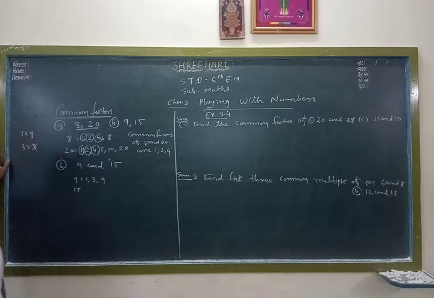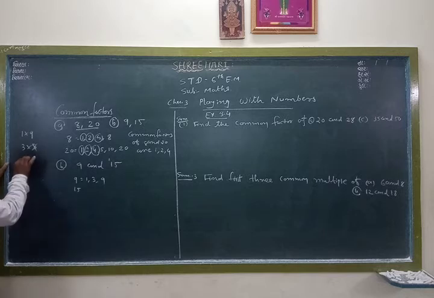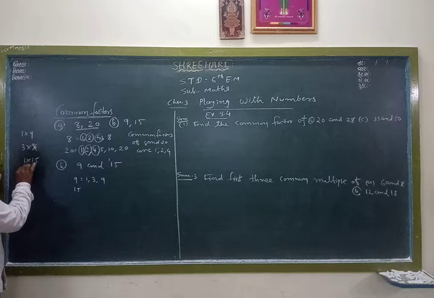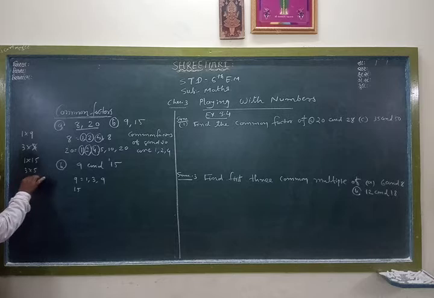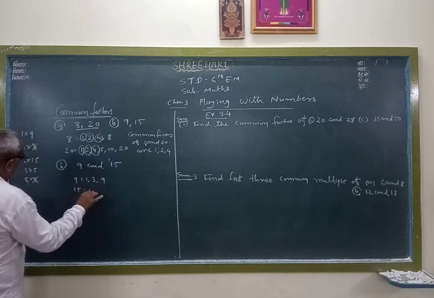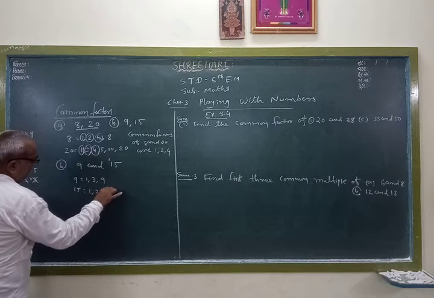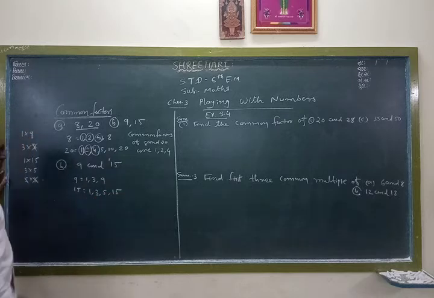Like this, the factors of 15: 1 into 15, we can't divide it by 2. 3 5 is 15, we can't divide it by 4. 5 3 is 15, both are repeated, so cancel. The factors of 15 are 1, 3, 5 and 15. But which are common factors?